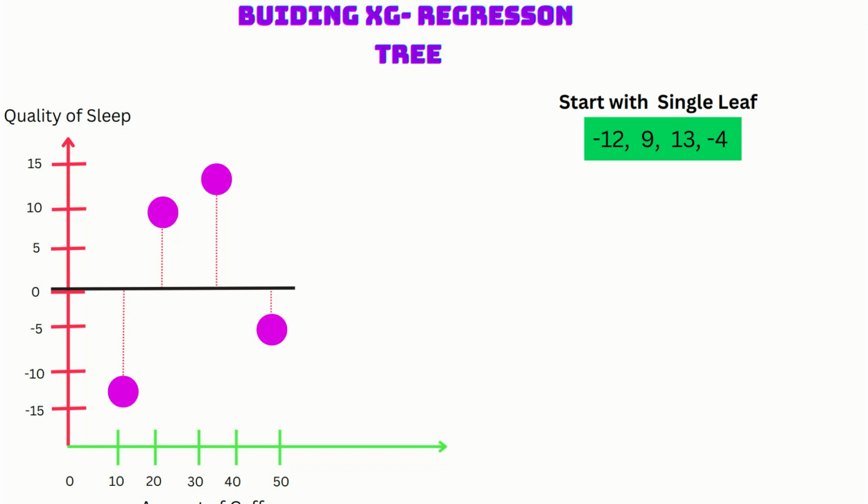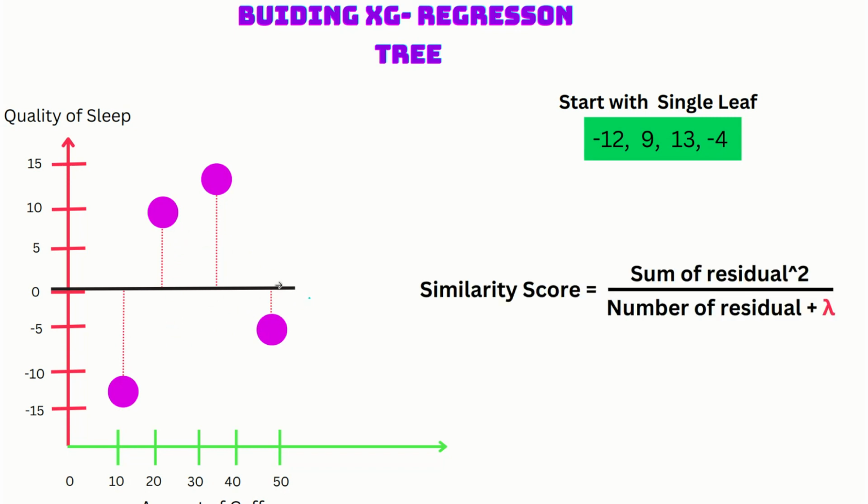Here we can see 4 different values in the first leaf: -12, 9, 13 and -4. So this is the first, second, third, and fourth residual: -12, 9, 13 and -4.